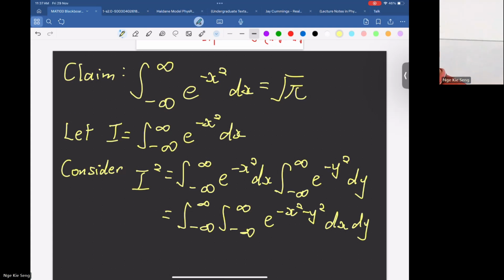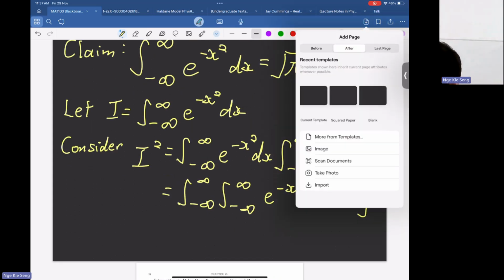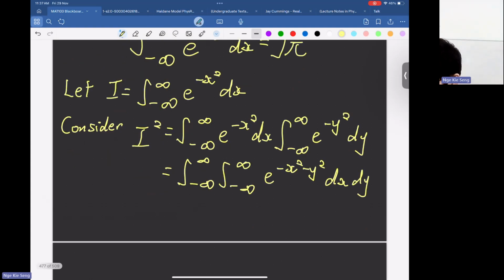It's like how we split the function just now. Then what is this? If you're going to change a variable, what is this? If you put two variables multiplied together, actually you get a plane. But in the plane, you can describe it using r and theta also.